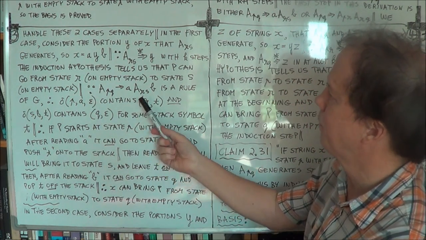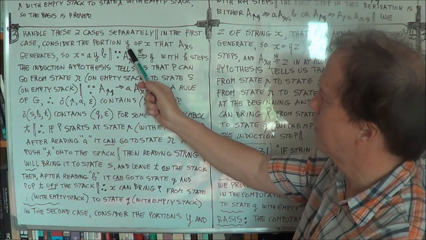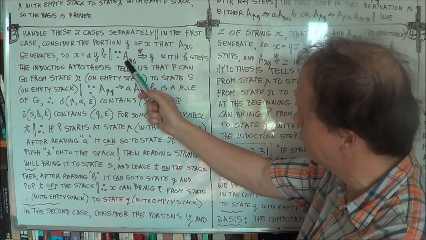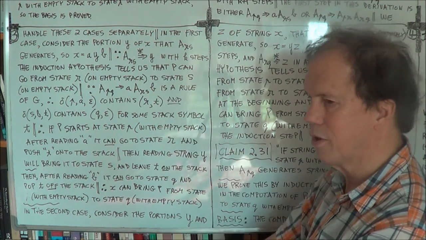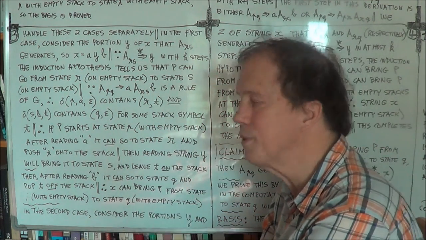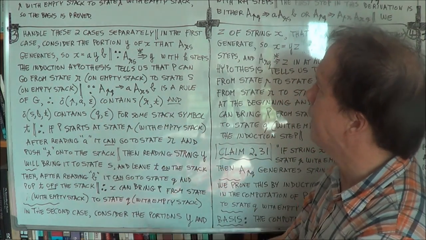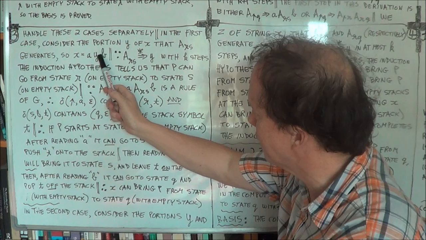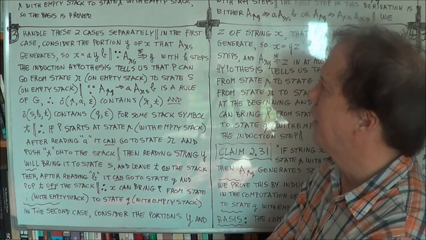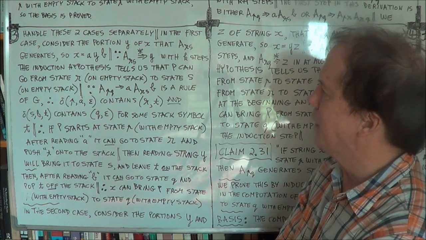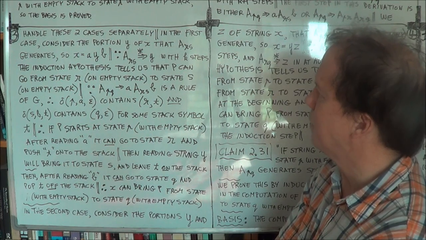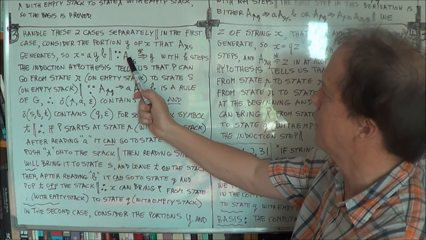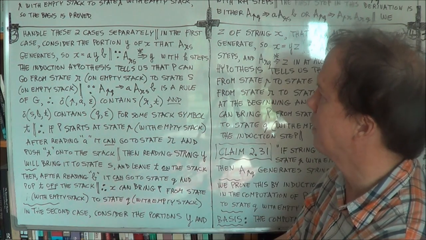Now this derivation here, going from the symbol to a string that consists only of terminals. That's one step, that's another step in the reading. So this goes to that.